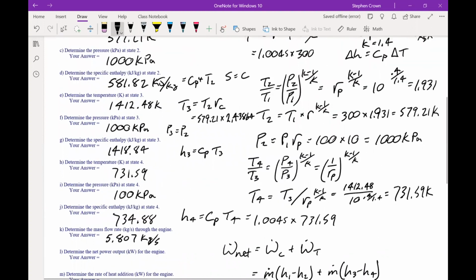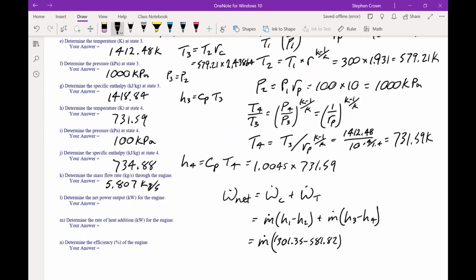So that difference will be negative, plus H3 is 1418.84 minus H4 is 734.88. And that value is positive and greater than the first one. So we'll have a positive value times m dot, and our m dot is 5.807 kilograms per second.